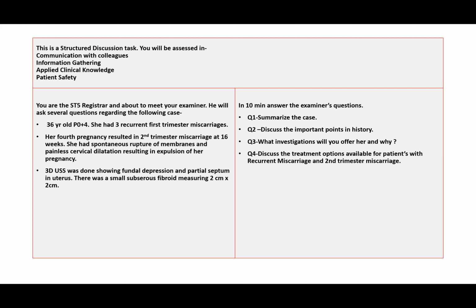And if thyroid dysfunction is there, then again, we have to see whether the patient is euthyroid or has subclinical hypothyroidism. Because if the patient is euthyroid and there are thyroid peroxidase antibodies, in those cases thyroxine is not recommended. But if the patient has subclinical hypothyroidism and TSH is more than 4, then we will be offering the patient thyroxine.